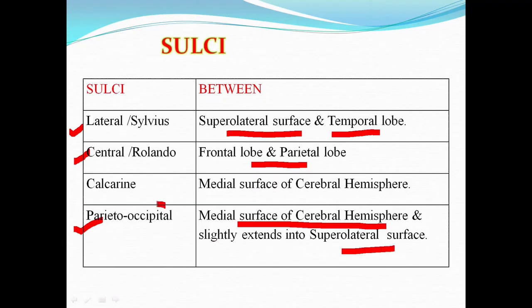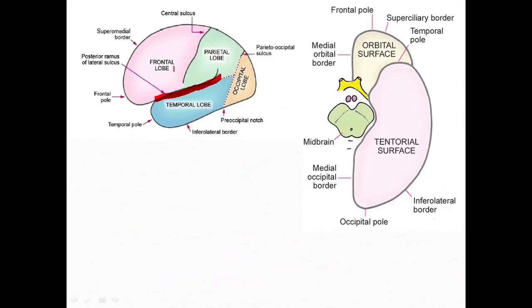So this parieto-occipital sulcus differentiates the parietal lobe from the occipital lobe. Lateral sulcus, central sulcus, parieto-occipital sulcus. The lateral sulcus has differentiated the superolateral surface from the temporal lobe.